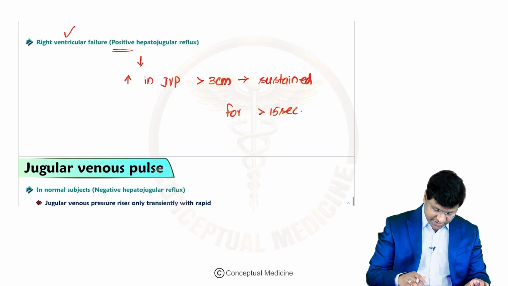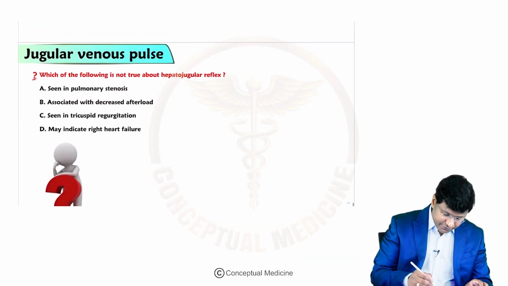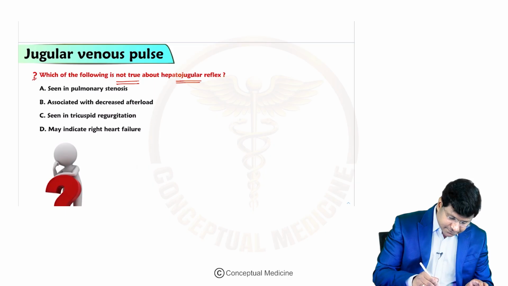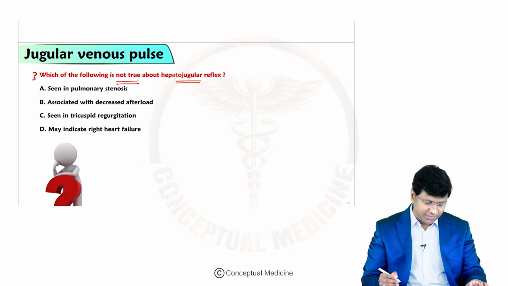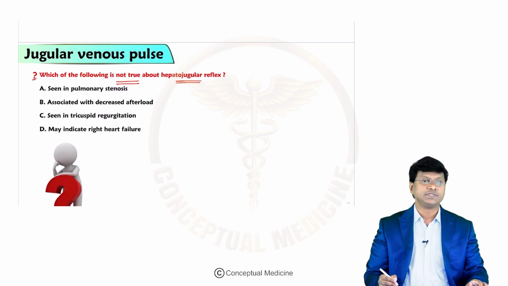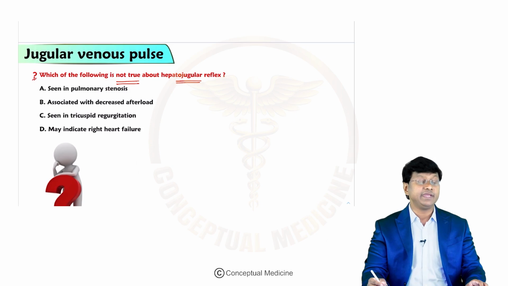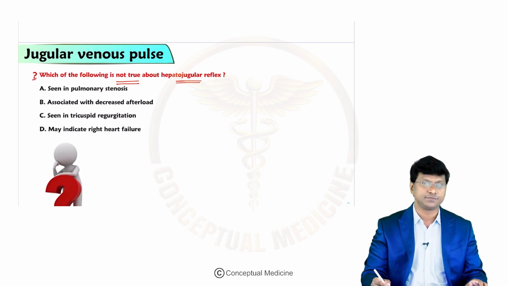Now, you see the question. Which of the following is not true about the hepatojugular reflex? Seen in pulmonary stenosis associated with decreased afterload, seen in tricuspid regurgitation, may indicate right heart failure.